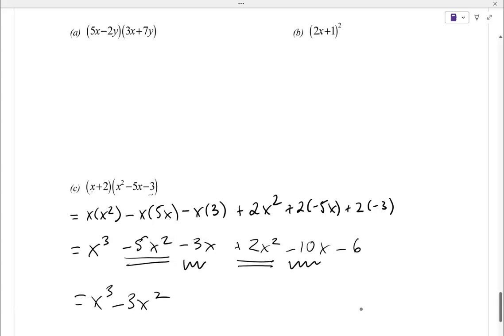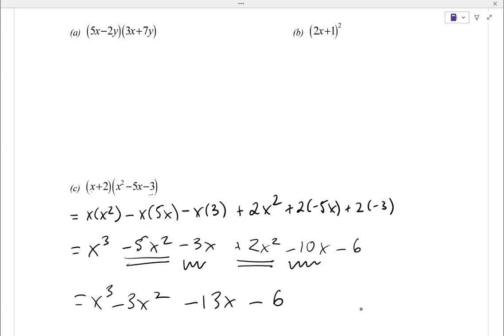And that gives you the negative 13x, because we have a minus 3 minus a 10. And then a minus 6 on the end. Questions on that one? We okay with that? Ready to work on some more practice problems?